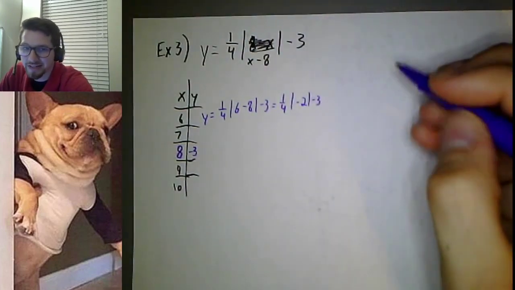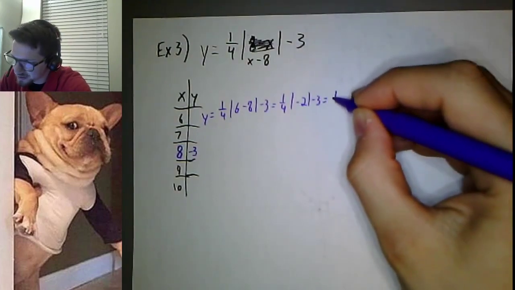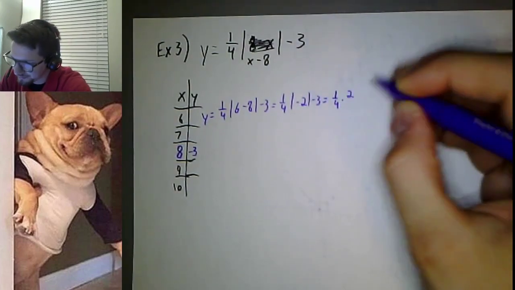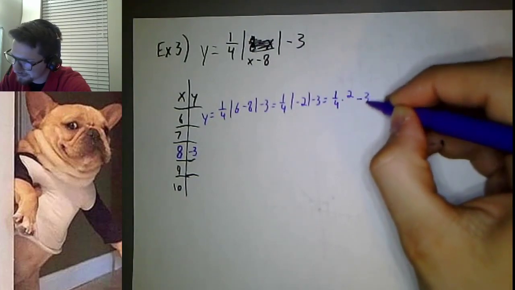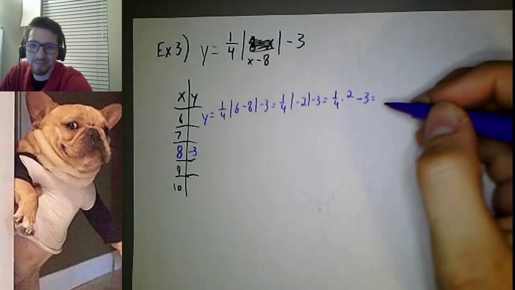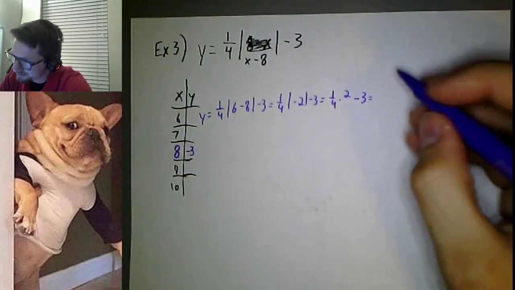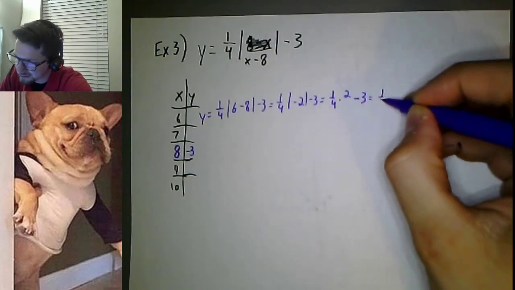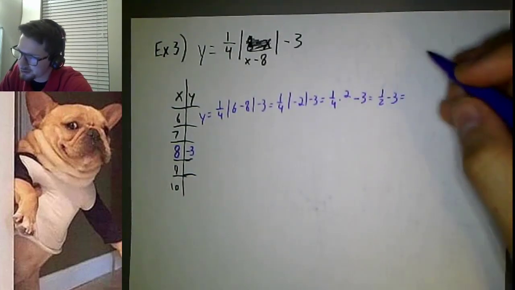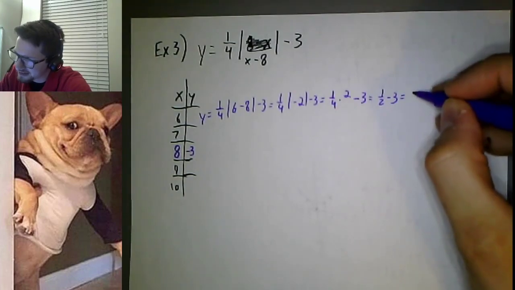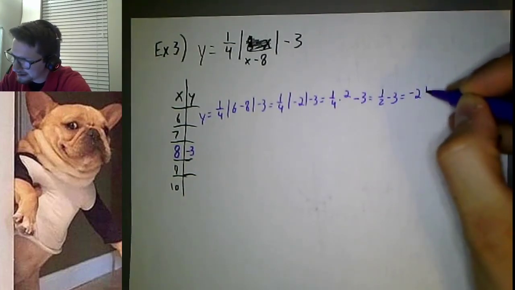What's the absolute value of negative 2? Positive 2. So 1/4 times 2 minus 3. What's 1/4 times 2? 2/4, which is 1/2, minus 3. 1/2 minus 3 gives me negative 2.5.